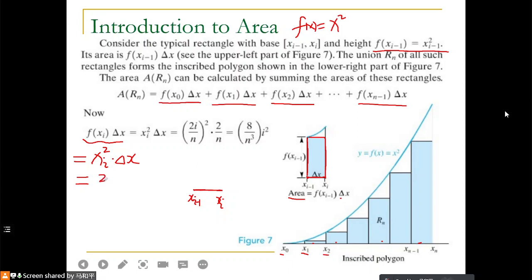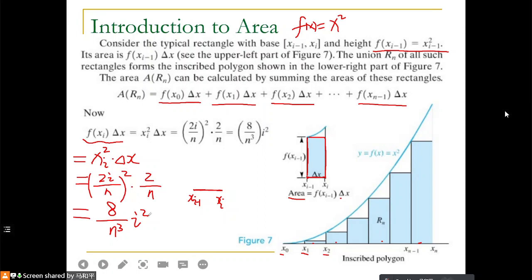So it's 2i over n squared times 2 over n. Right? Times 2 over n. So we simplify it, it is equal to 8 over n cubed times i squared.